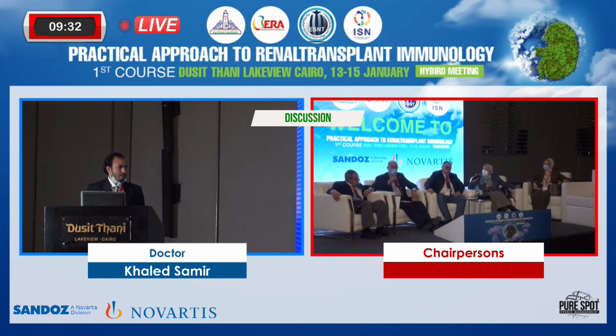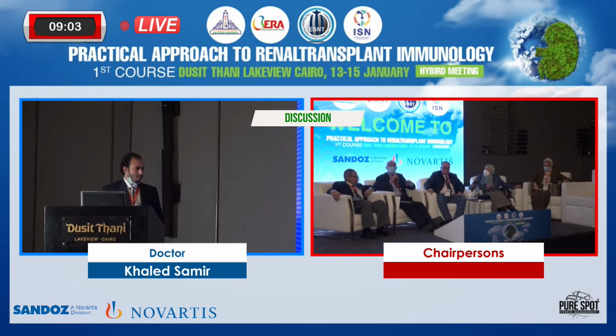The idea is that you should continuously monitor for the DSA and the titer, because you are expecting an antibody-mediated rejection with the history of the PRA. They always mention that the peak PRA before transplantation, not the immediate PRA, the historic PRA, is more relevant to the possibility of occurrence of antibody-mediated rejection.